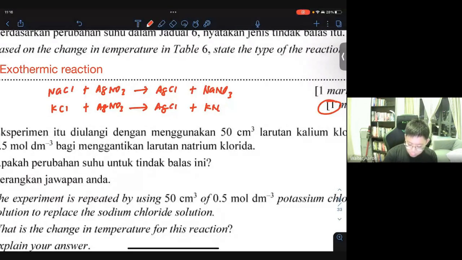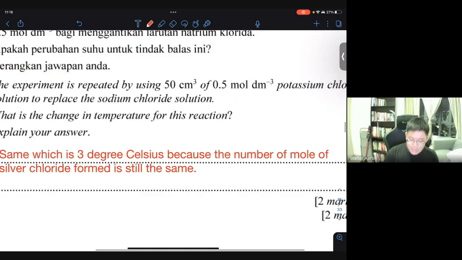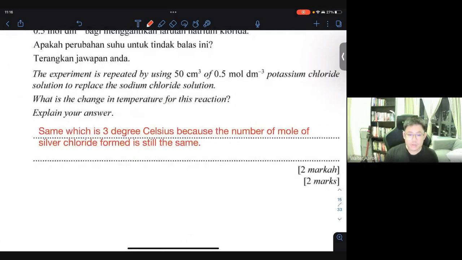The number of moles will not change in this case. Do you see that? You will still get 1 mole of silver chloride for both sides. It's just that the difference is that there is a sodium and there's a potassium ion. But these are all spectator ions. They're not involved in the reaction. So since it's a 1-to-1 ratio still, you should be able to get the same change in temperature.